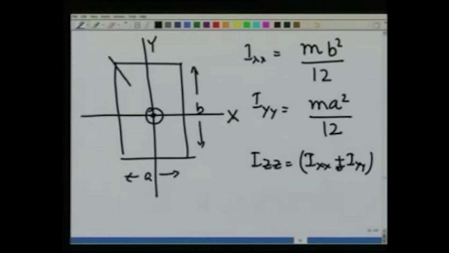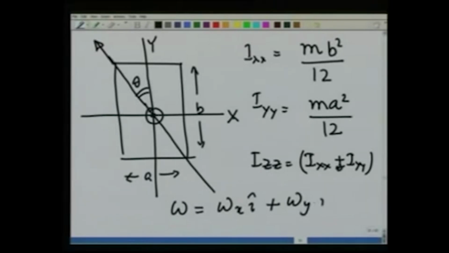This is omega. Let me call this angle theta. Then omega has omega x i plus omega y j, where omega x is omega sin theta in the negative x direction plus omega cosine theta in the positive y direction. Sin theta and cosine theta are easy to calculate because these distances are known.